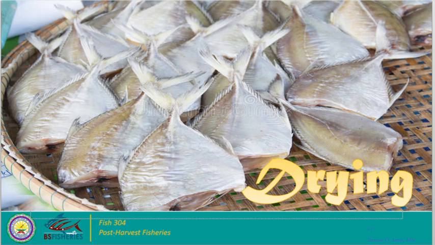But today, the primary way of removal of the water is through dehydration and solar drying. We will be tackling specifically what's the difference between drying and dehydration later on.